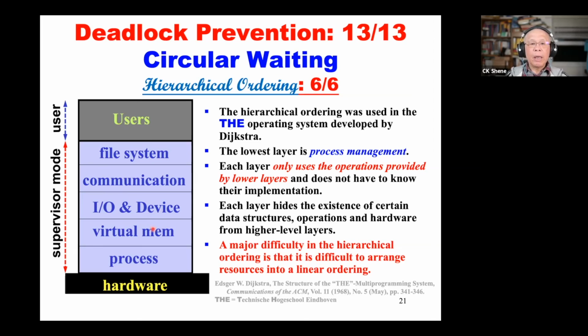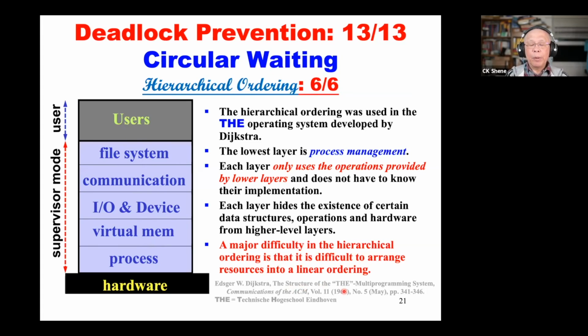Or you may want to say the input output buffer can be provided here, but anyway, they must get it from virtual memory, with common sense. So it's very difficult to order your system resources into hierarchical ordering. So Dijkstra overcame this problem in a very elegant way. You may be able to read the details from the Dijkstra paper cited here.